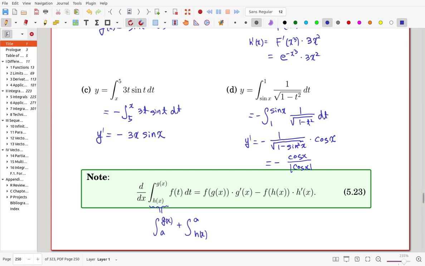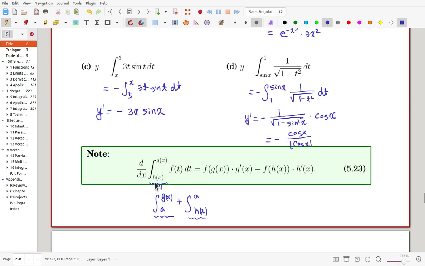If you take the derivative of this portion, then that is the same as f of g of x times g prime of x, and you get minus f of h of x times h prime of x. That is a formula you can use later on for the derivative with a general lower bound and upper bound.